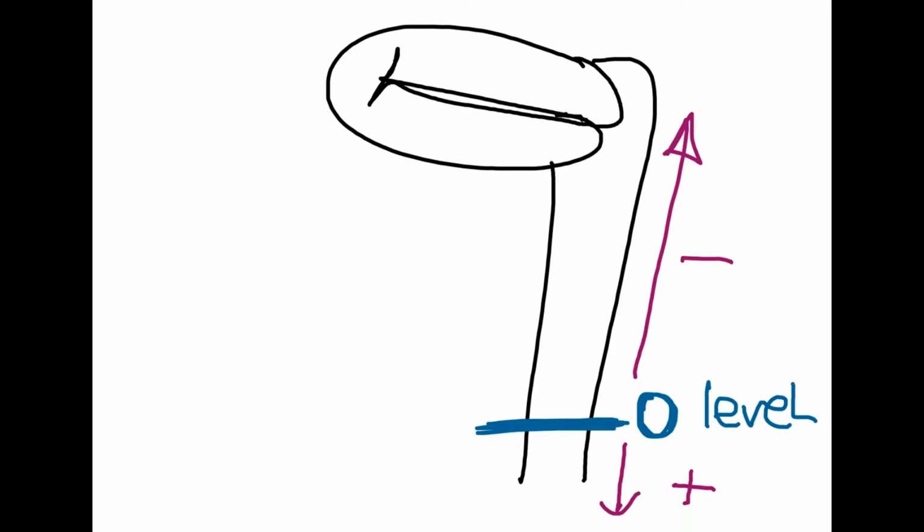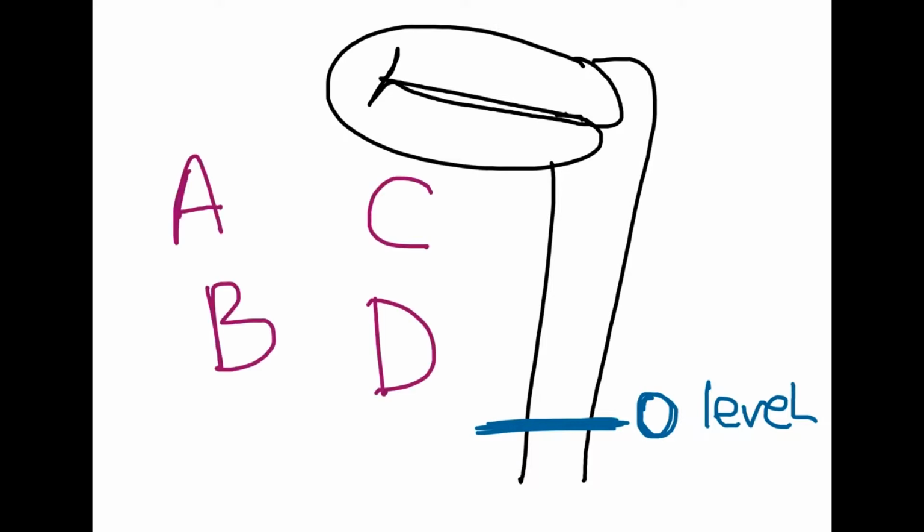Okay, so that's how we refer to the points first. So let's see what are the 4 points inside the vagina. We have point A, point B, point C, and point D. I'm going to speak about each point separately, okay?